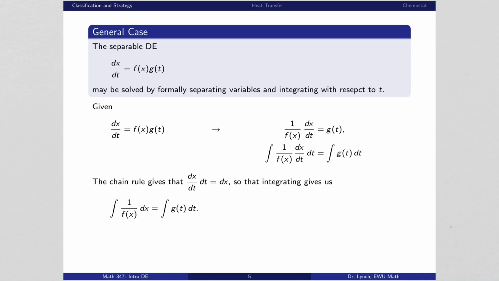So integrating 1 over f times dx/dt dt is actually the same as integrating 1 over f dx. So the integral of 1 over f with respect to x ought to be the same as the integral of g with respect to t.